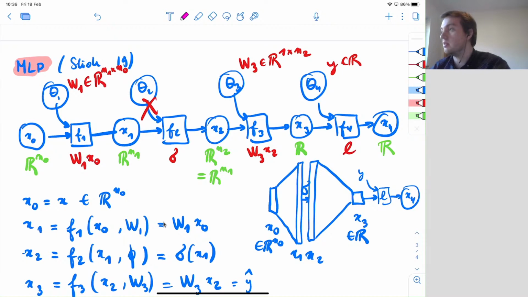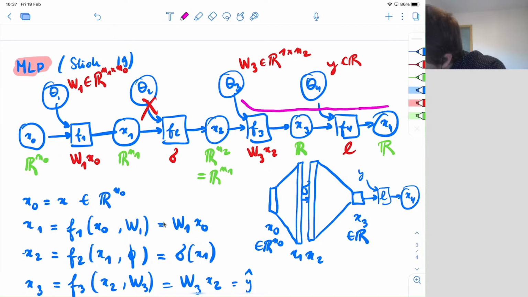But these two things can be viewed as two chain compositions. We have a first chain that starts at x4 and goes up to θ3. And here, the value needed could be assumed to be a constant, so it's no longer an argument, just some fixed quantity.